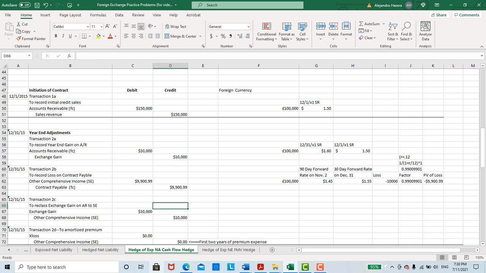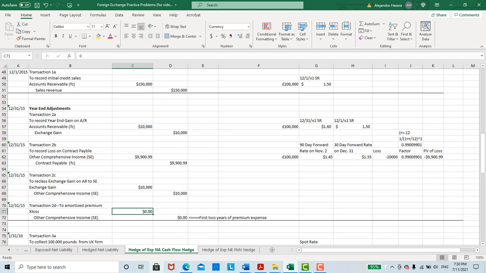So what you have here is, so far, an account receivable which has been written up by $10,000, and then an exchange gain which has been zeroed out. Notice the exchange gain is 0. So the only thing you've got basically is OCI has a credit for 10,000 and a debit for 9,900, which is really almost 10,000, but you discounted it back.